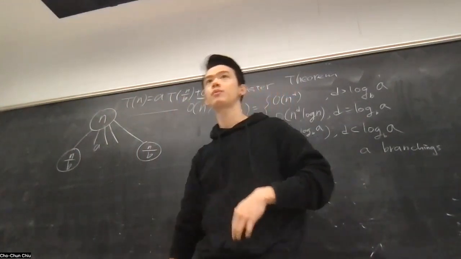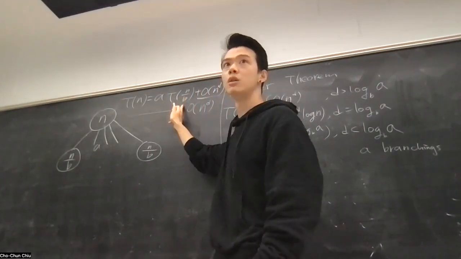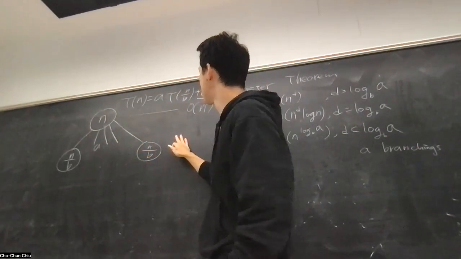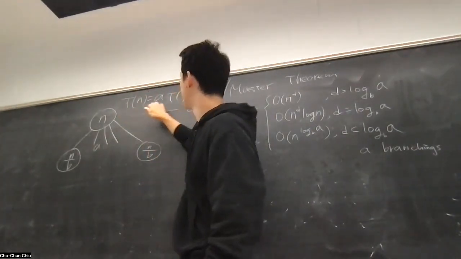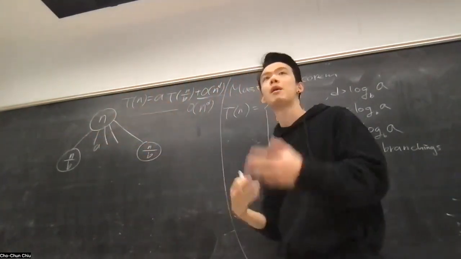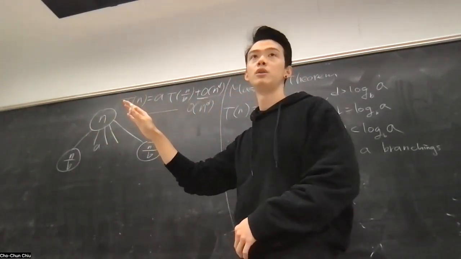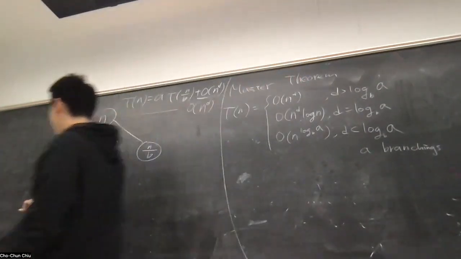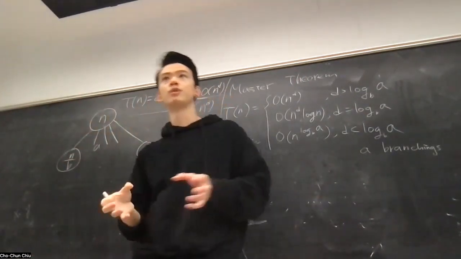Oh, okay, so d is the number of subproblems per layer. You mean b? Sometimes you can directly transfer your original problem to some subproblems, but sometimes you cannot. You still have to do something, right? You probably need to do some comparison or some calculation. That's the complexity for that. For example, for the x times y question, when you solve the subproblems, you still need to add them together, right?